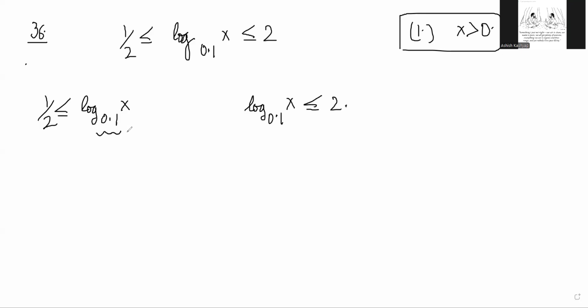The base is less than 1. What will happen to the inequality sign? They will flip. So you will say 0.1 to the power half will be greater than equal to x. And from here, what will I say?